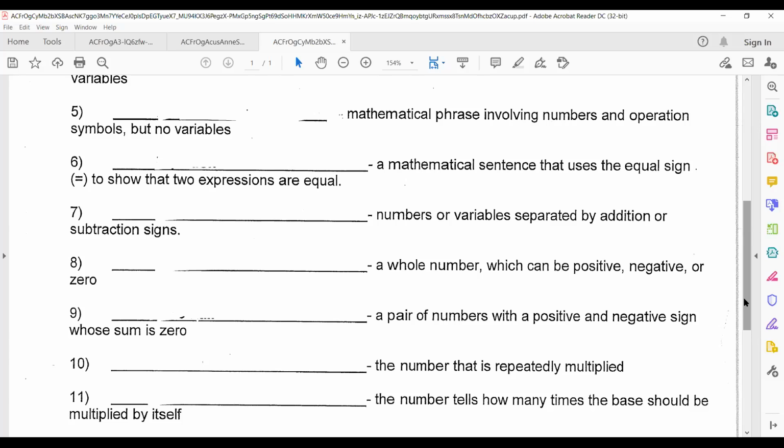Here with this example, 7 to the 3rd power. 7 is my base. The exponent is 3. It's not 7 times 3. It's 7 times 7 times 7. You take this base number that many times. 7 times 7 times 7.